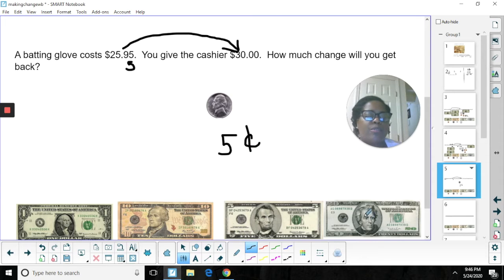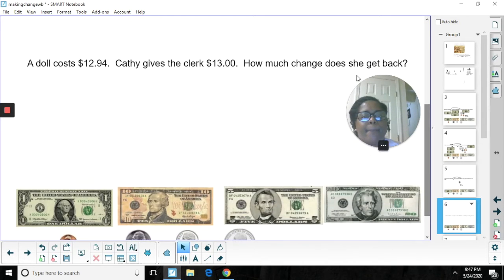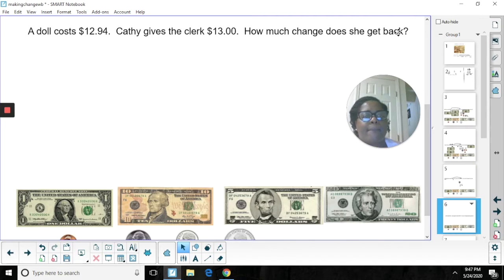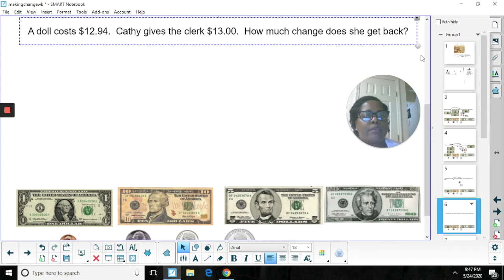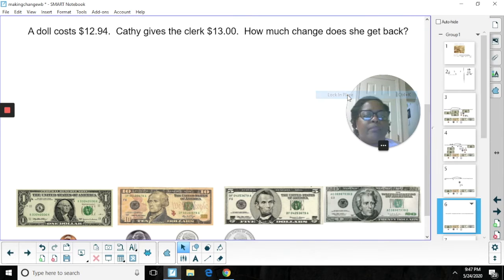All right, let's move on to our next page. Okay. All right, so it says a doll costs $12.94. Kathy gives the clerk $13.